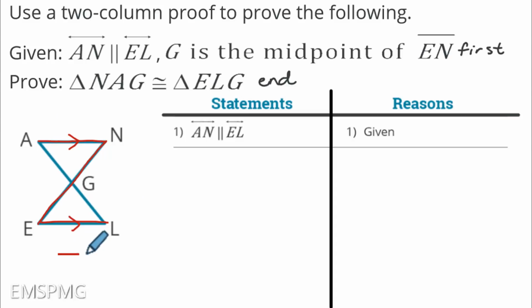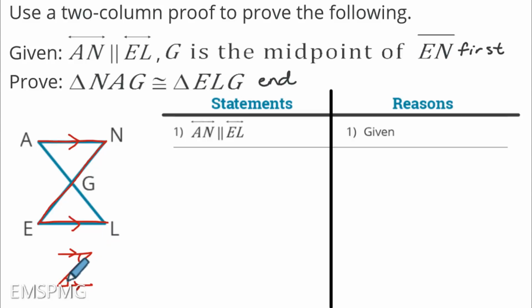If you recall, using the angles created by these parallel lines with the transversal, this angle in between the two parallel lines would have to be congruent to this angle in between the two parallel lines, because these two angles are alternate. They are on different sides of this transversal.